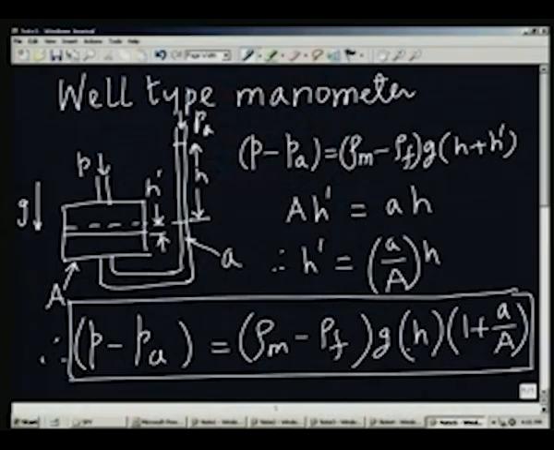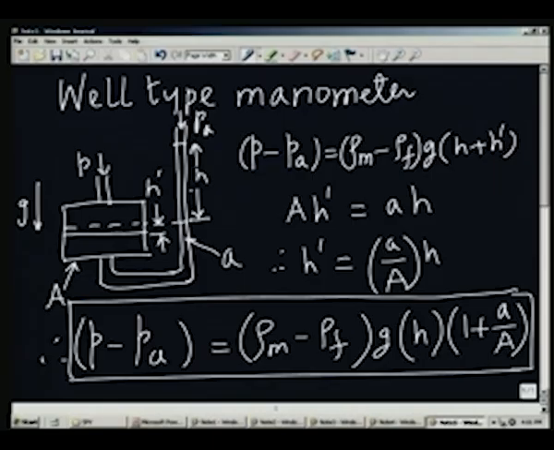So, the liquid filled inside the manometer, when the two pressures are the same, must be exactly at that particular level, and I will use a scale on the right side, which is corrected for the factor 1 plus A by A. So, if I measure 1 centimeter there, it is actually 1 into 1 plus A by A centimeters. So, this factor is already included, so that the scale placed next to the vertical limb will have that correction factor built into it, so that you can directly use it.